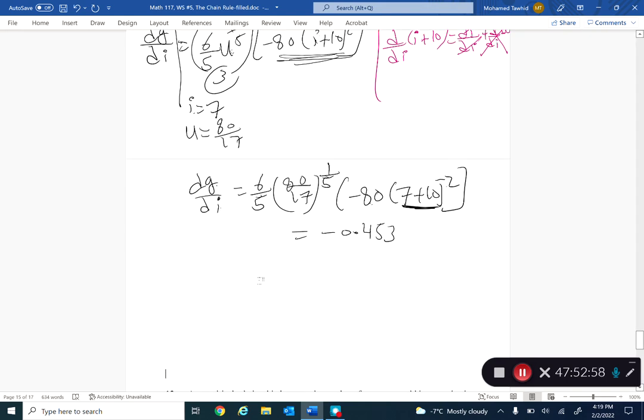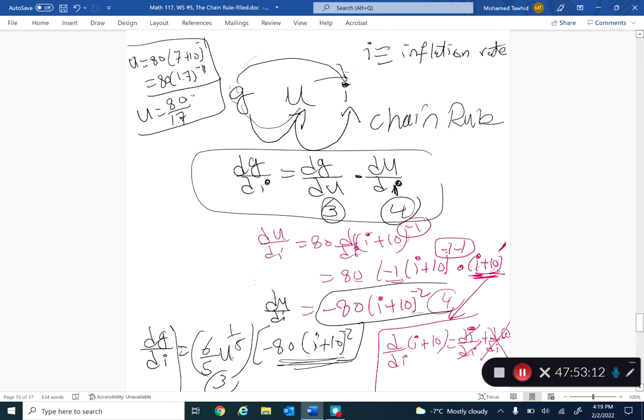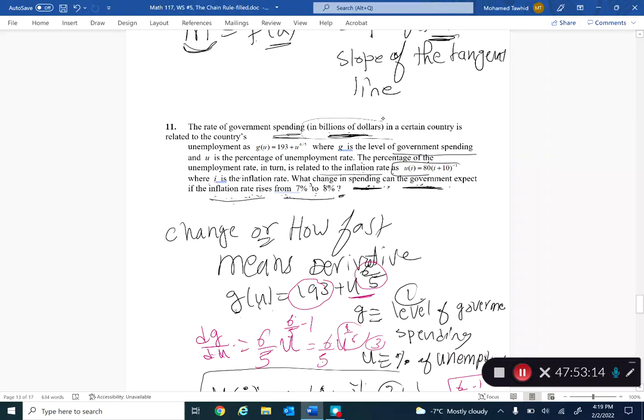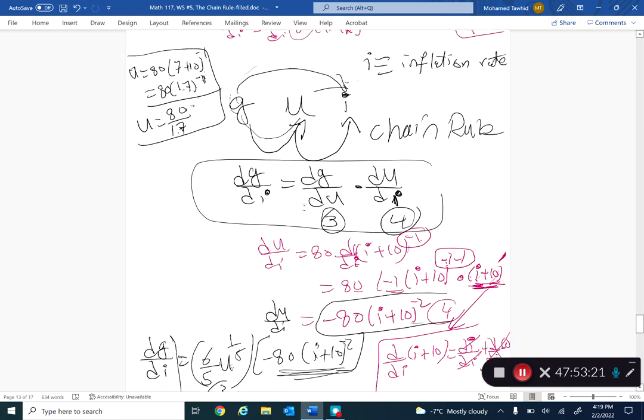Now let me write the unit. What is the unit of G? That is the spending level of the government, which, if you look at the problem, is in billions of dollars. That is your G, with respect to I. What is your I?